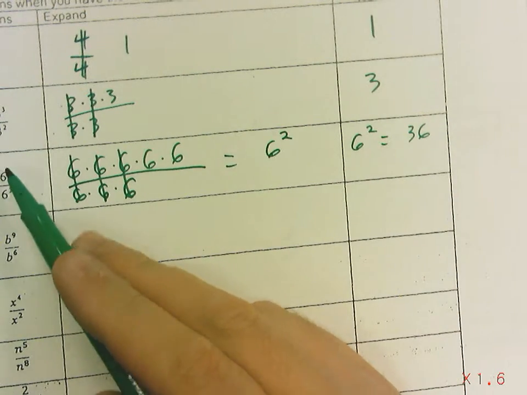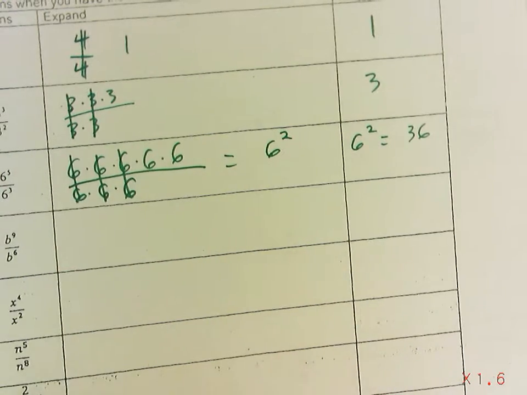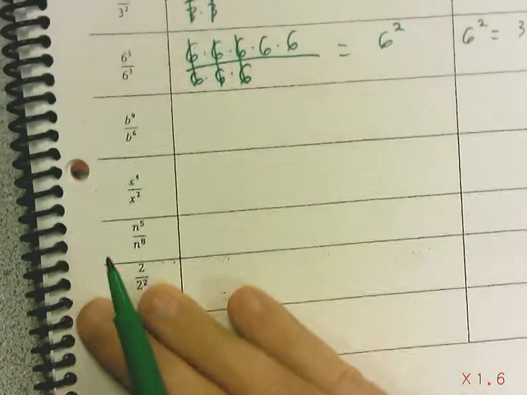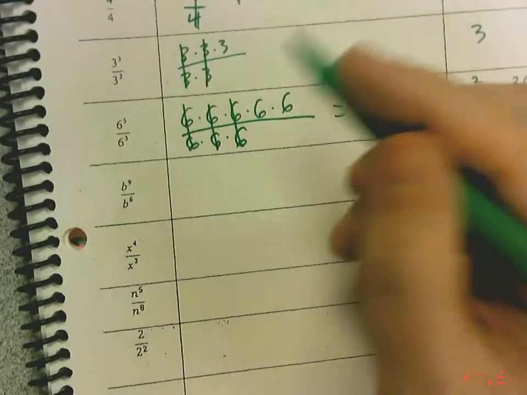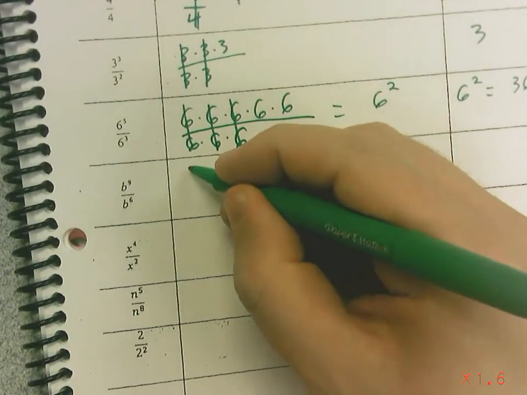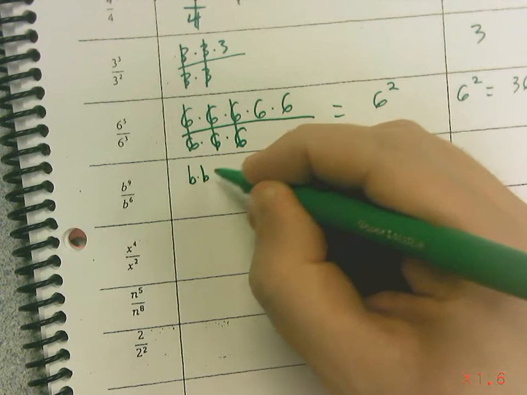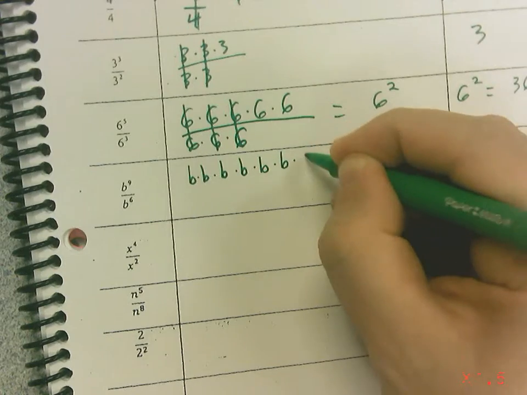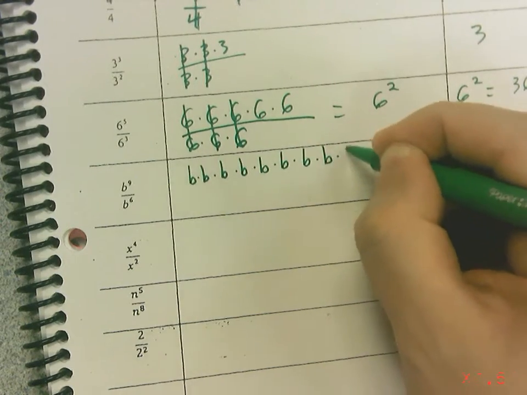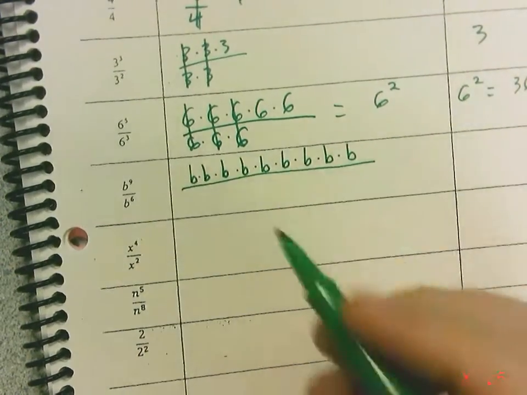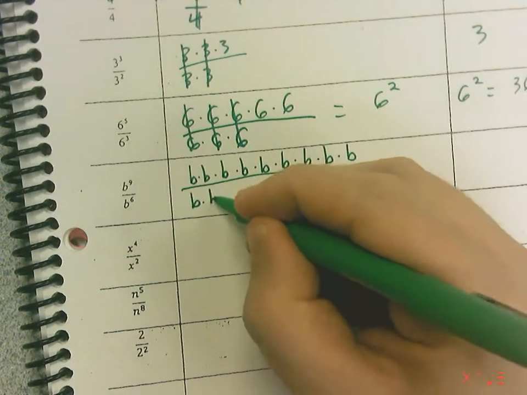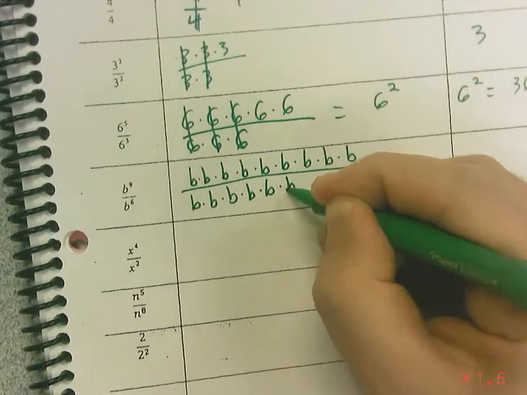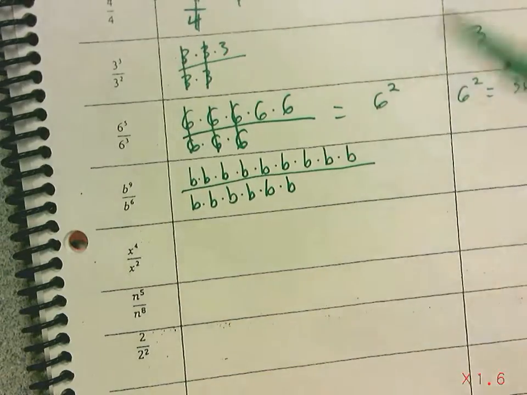So 6 to the 5th power over 6 to the 3rd became 6 to the 2nd power. What kind of operation or shortcut could we figure out there? I'll come back to it. Let's do one with a variable. So let's look at the b's: b to the 9th over b to the 6th power. There are 9 b's, and then 6 b's.